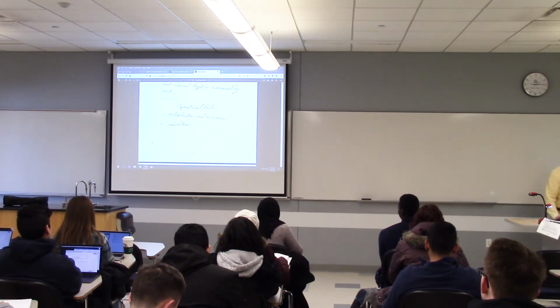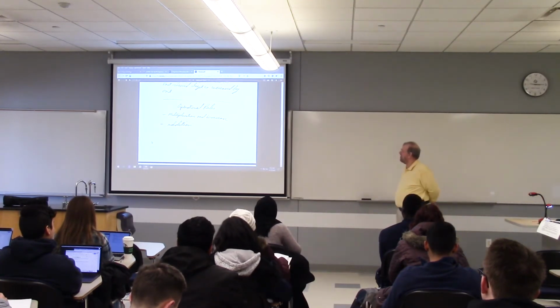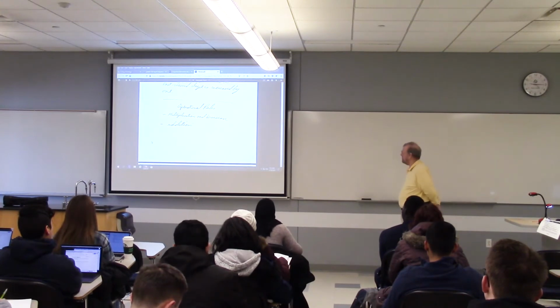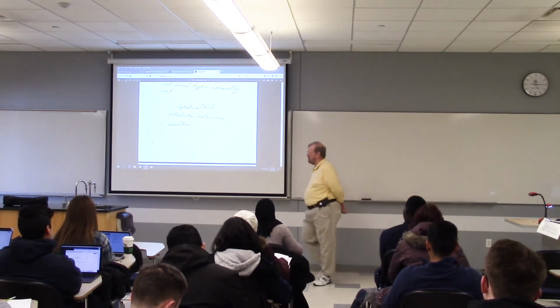And we've gone through examples like this. Now, when you do a mathematical operation in this class, that will either be multiplication or division. I didn't ask you to learn addition yet. I'll do that later, in the next chapter or two. But for this test, you should know multiplication and division.